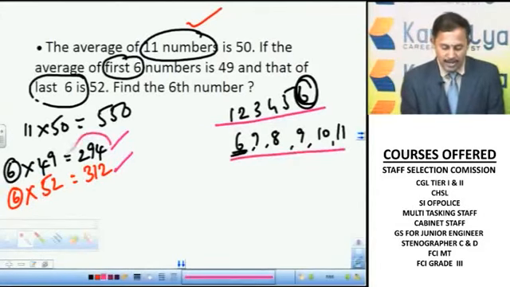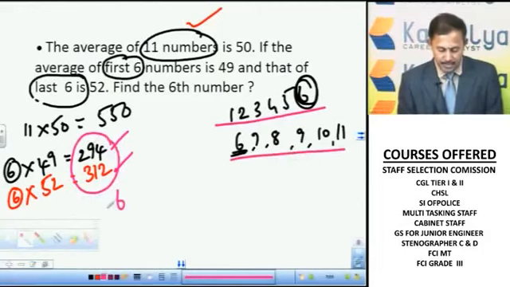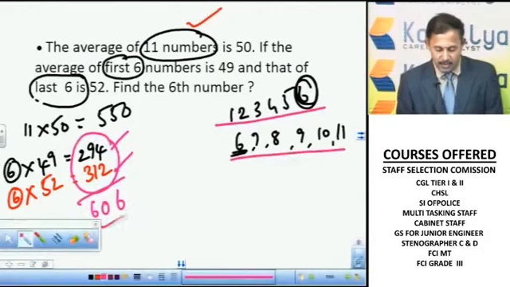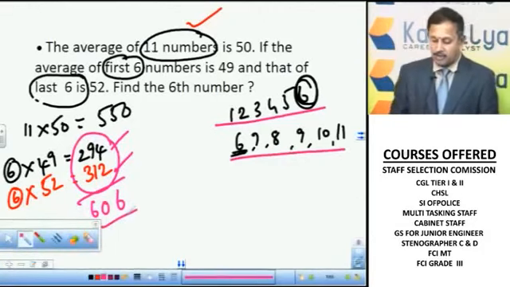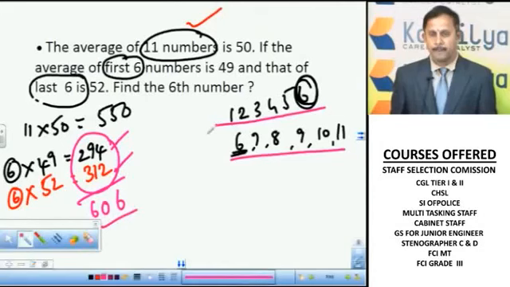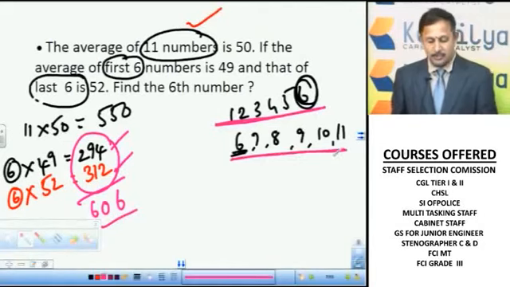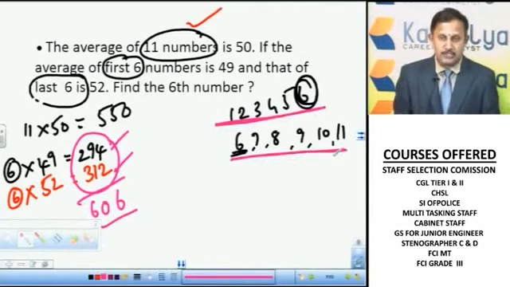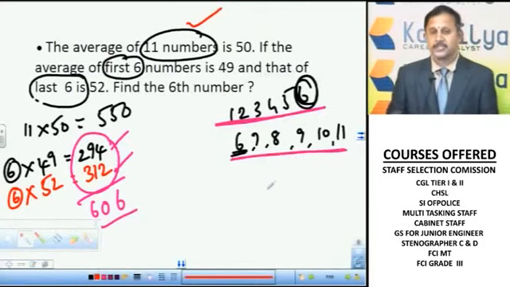So if you add these two, then this 606, that is the total for all the 12 elements written here. I repeat it. What is the total for first 6 elements? 294. What is the total for last 6 elements? 312. So 606, that is the total for all the 12 elements.